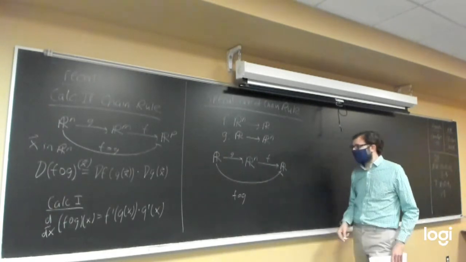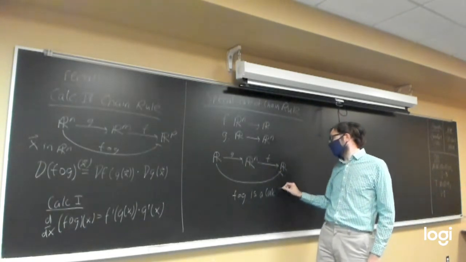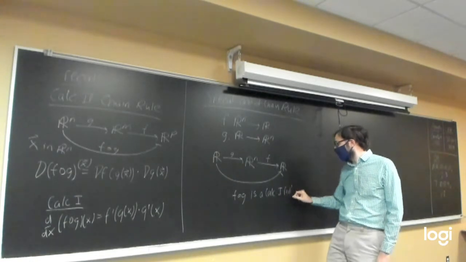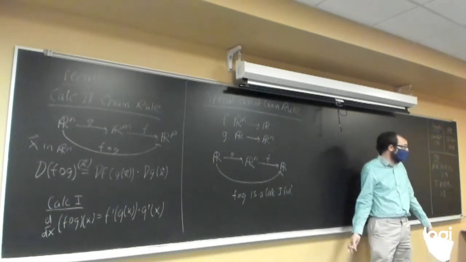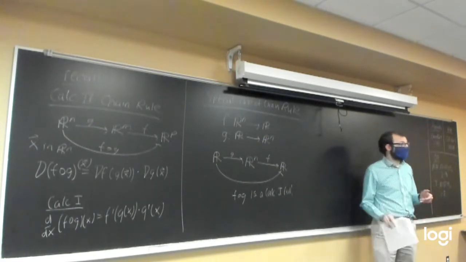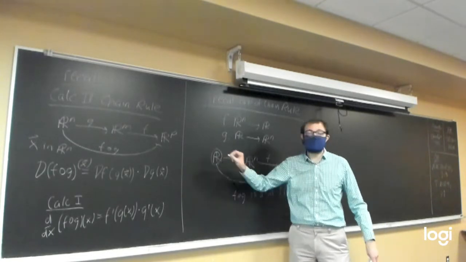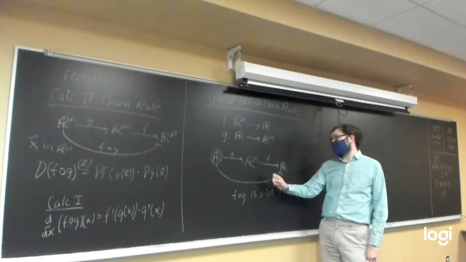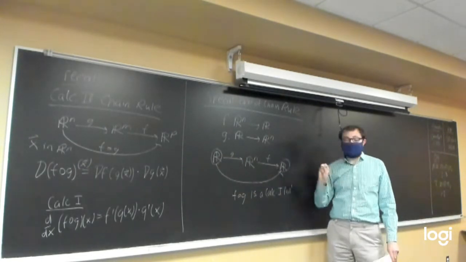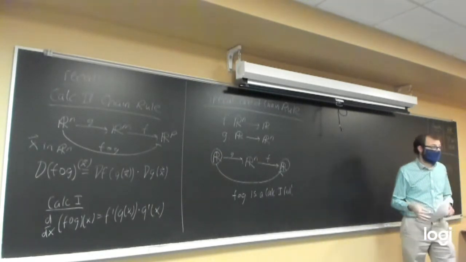And in fact, something interesting that's going to happen is that f composed with g is going to be a Calc 1 function, meaning it's going to be a function that takes in scalar values as its inputs, because we're starting over in this copy of R, and then if we do g and then f, our outputs are also going to be scalar valued expressions.